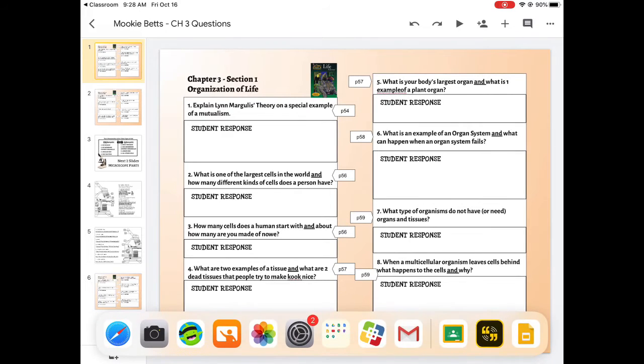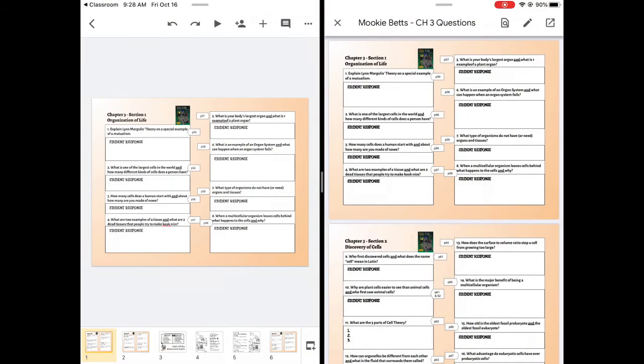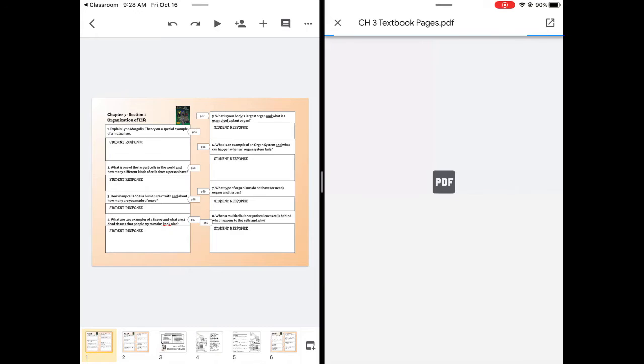So you can go back to Google Classroom, drag it up, exit out of what you were in, and open up that red PDF. And then you have the book pages next to what you're working on. Now, if you don't like that and you actually have your book, good for you. It takes a while to load because it's a big document.